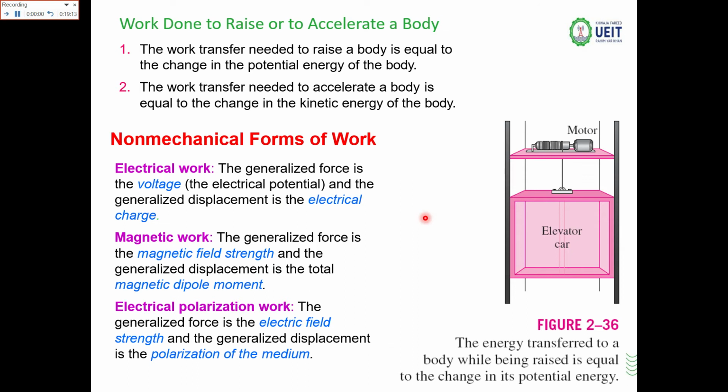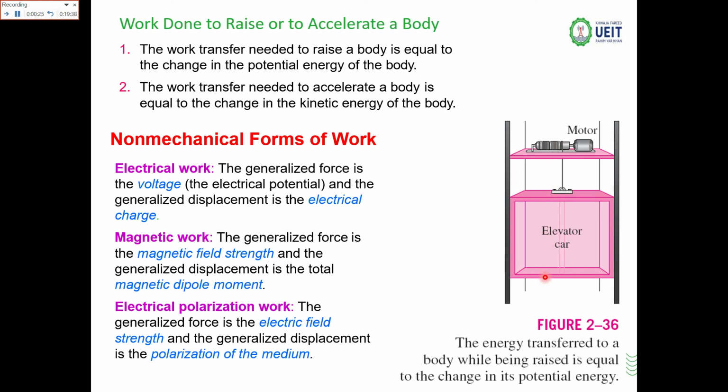Now the work done to raise or to accelerate a body. The work transfer needed to raise a body is equal to the change in the potential energy of the body. Like a motor placed with an elevator: when the motor starts rotating and the power is on, it coils back so the elevator can lift up.